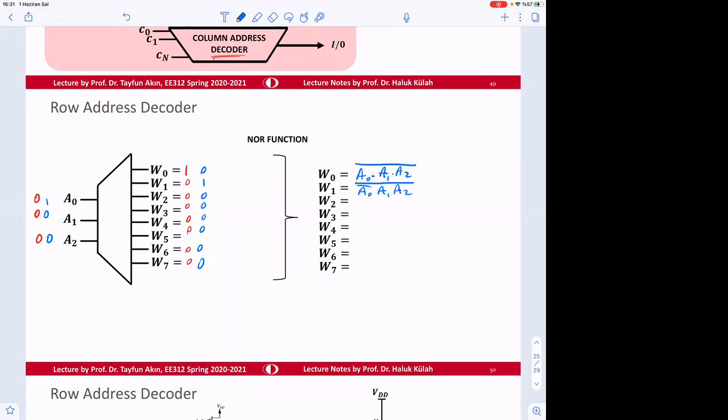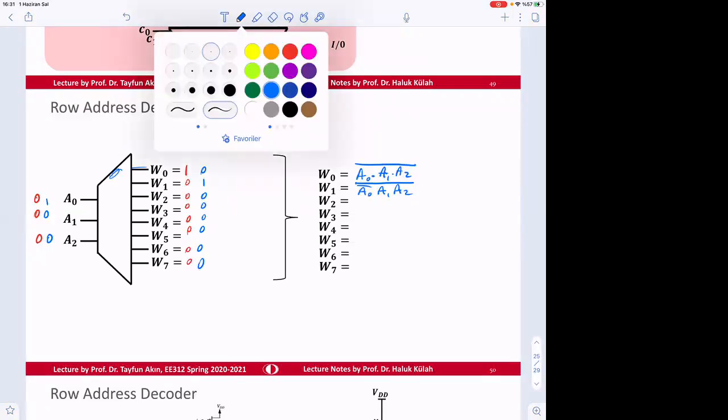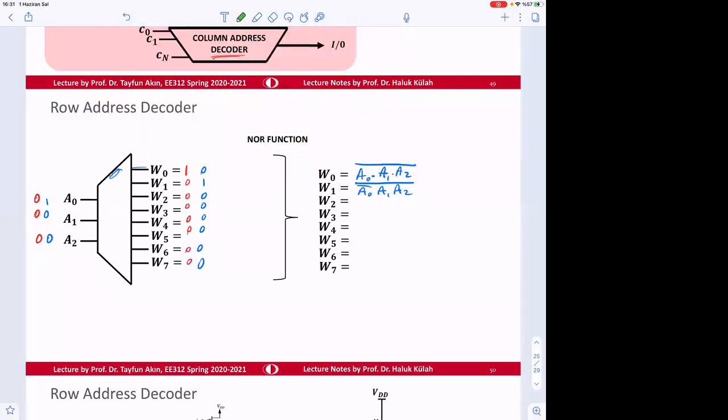That's how you make the circuitry inside for this line and the other lines. Okay, so just maybe one more. This is let's say 1, 0, 0. Therefore, this will be 0, 0, 1, 0, 0, 0, 0, 0.